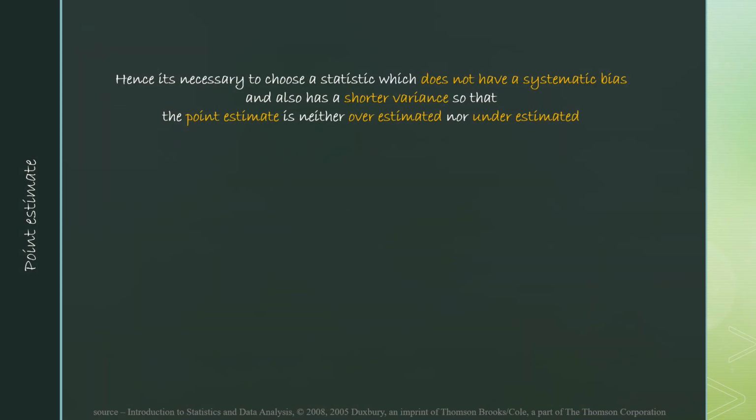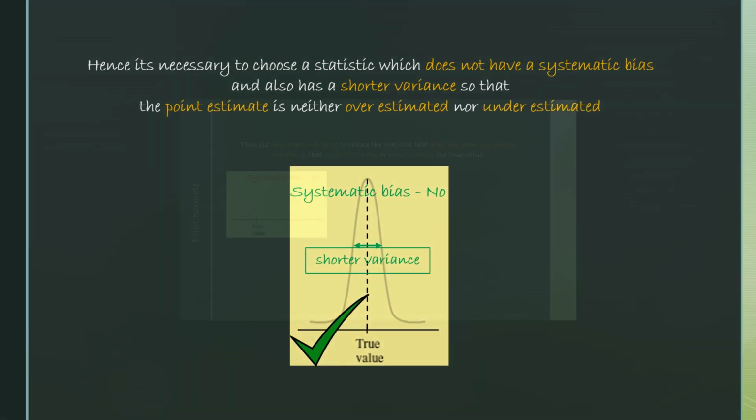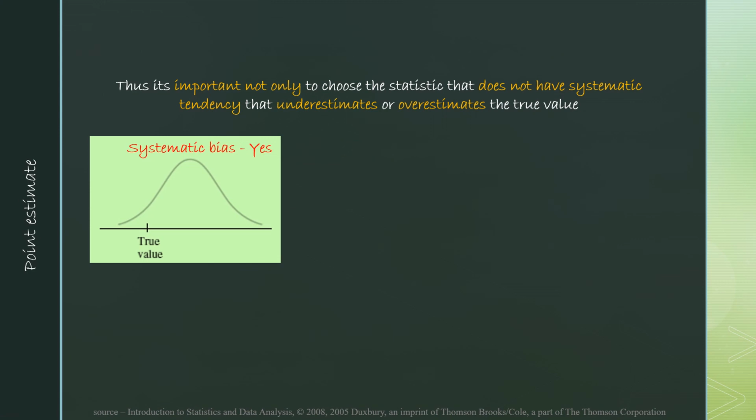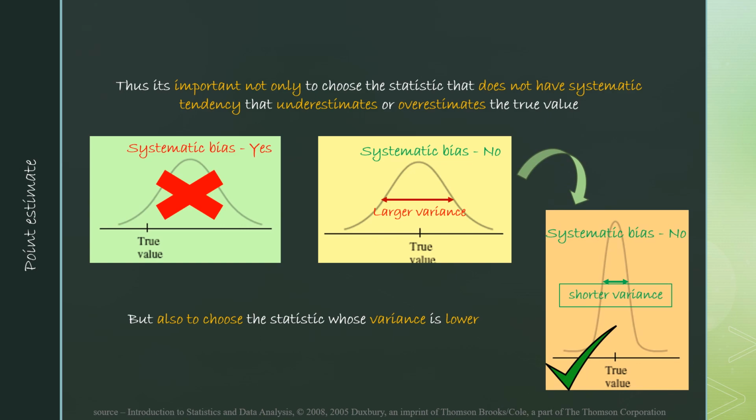Hence, it's necessary to choose a statistic which does not have a systematic bias and also has a smaller variance, so that the point estimate is neither overestimated nor underestimated. Thus, it's important not only to choose a statistic that does not have a systematic tendency to underestimate or overestimate the true value, but also to choose the statistic whose variance is lower.